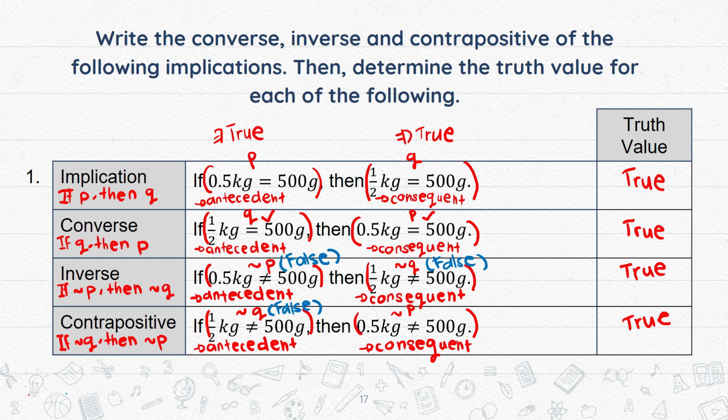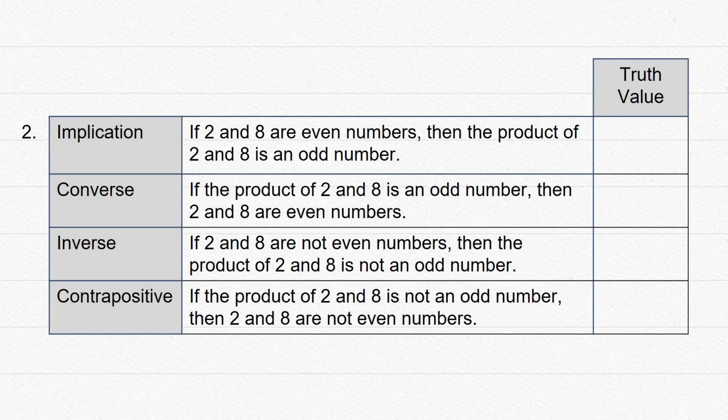Now we take a look at the second example. The implication is in this form: if P, then Q. Here we can determine that 2 and 8 are even numbers.